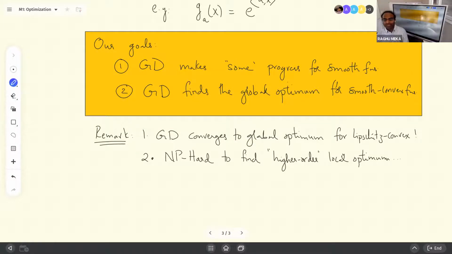If you don't know what that means, just think of it as saying that if I don't have assumptions, then it's hard to get any kind of guarantee on what your algorithm will do. And it's not just for gradient descent, but for any algorithm. If you would like to know more about this, I can tell you more later on. But the punchline is that, without making assumptions, global optimization is a very, very hard problem.